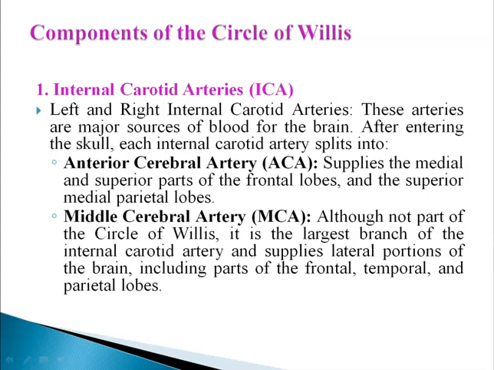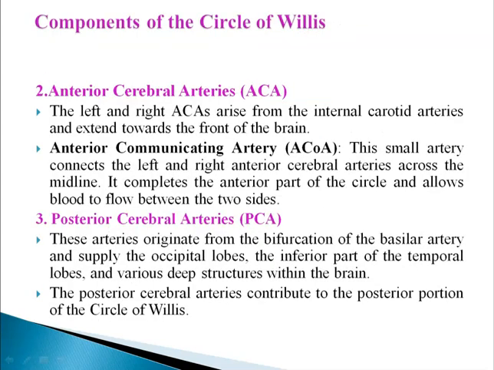Although it is not a direct part of the circle of Willis, it is the largest branch of the internal carotid artery, and it supplies the lateral portions of the brain, including parts of the frontal, temporal and parietal lobes.